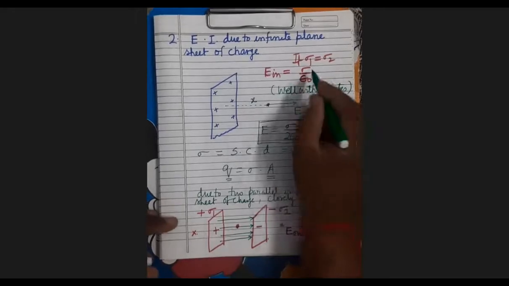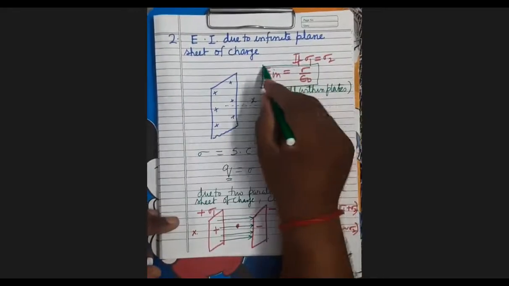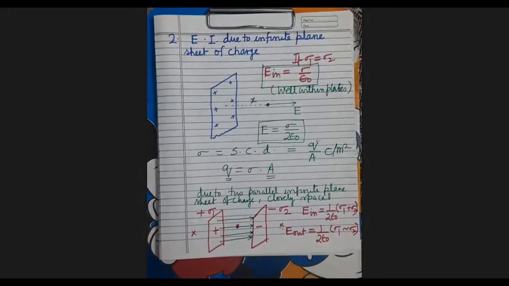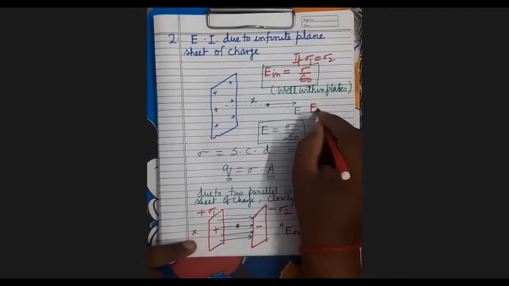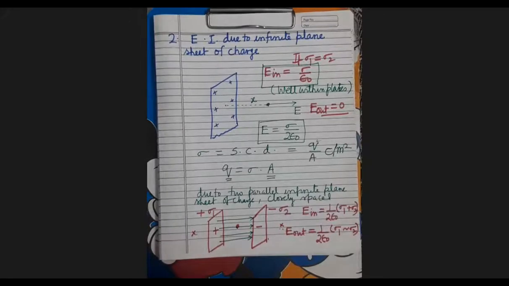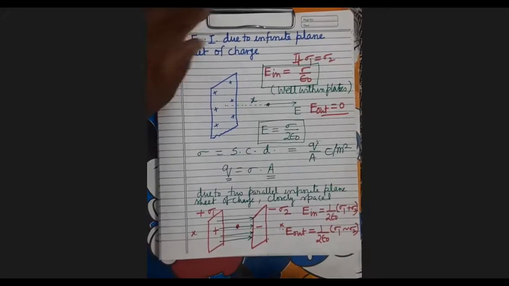Uniform electric field of this much strength. And at an outside point it will become 0. Means there will be no electric field. Is it clear?